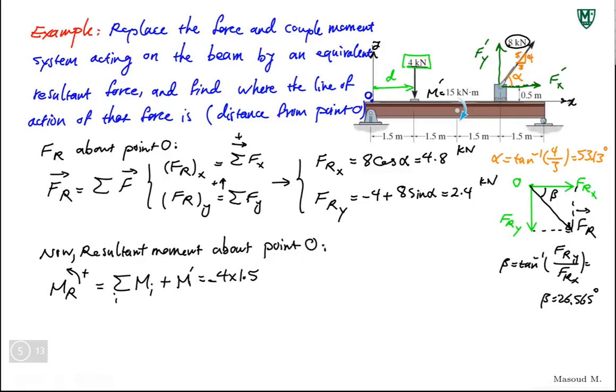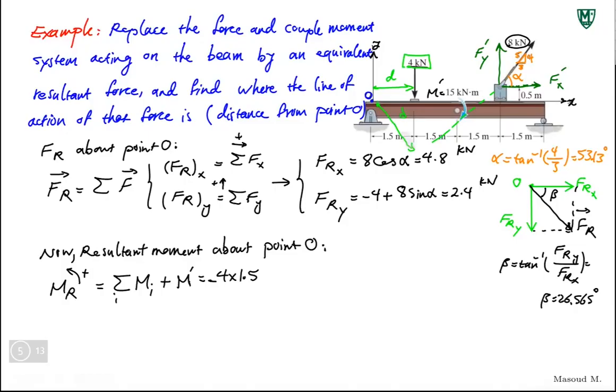Okay, so 8 kilonewtons. So let's go there. What do I do about that 8 kilonewton? It's at an angle. So I have to find the perpendicular distance from the line of action of that force to 0.0. Well, that would be a little bit challenging because if I continue this, this would be D. I don't know if it's that easy to find that D based on the geometry.